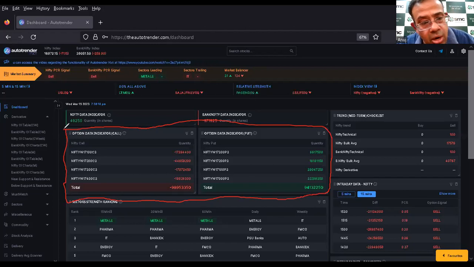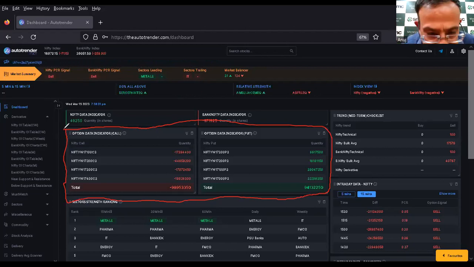So as you can see on the left hand side, you have option data indicator for Nifty call option. And on the right hand side, put option data for Nifty is being populated.